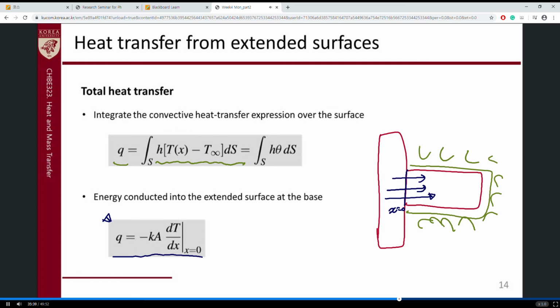So you can use either equation to get the Q value, but this one looks slightly easier and more familiar to us, because we have used this equation for a very long time.